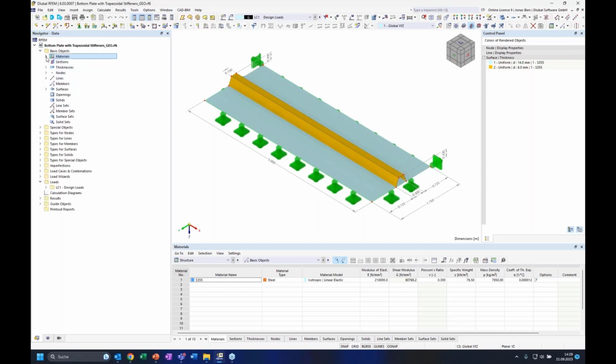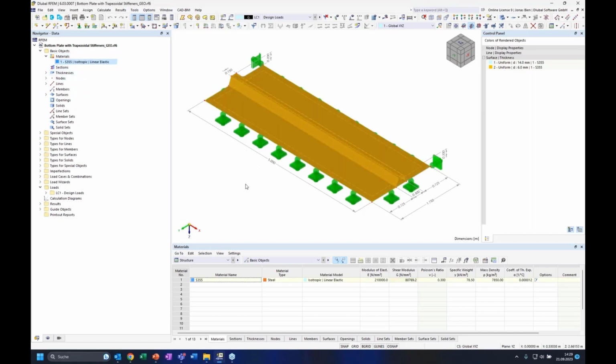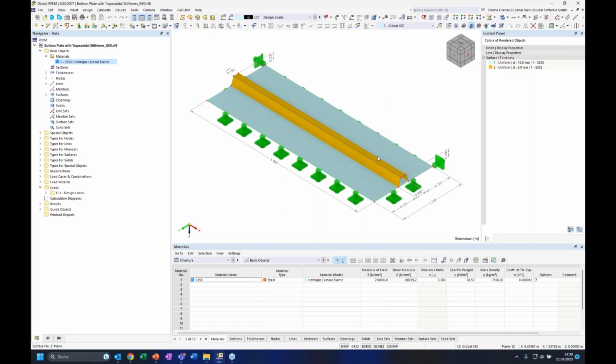But let's check what material it actually is, and we can see that until now I have only applied a linear elastic material model here. So I will change that in a bit after showing you the rest of the features of the model.